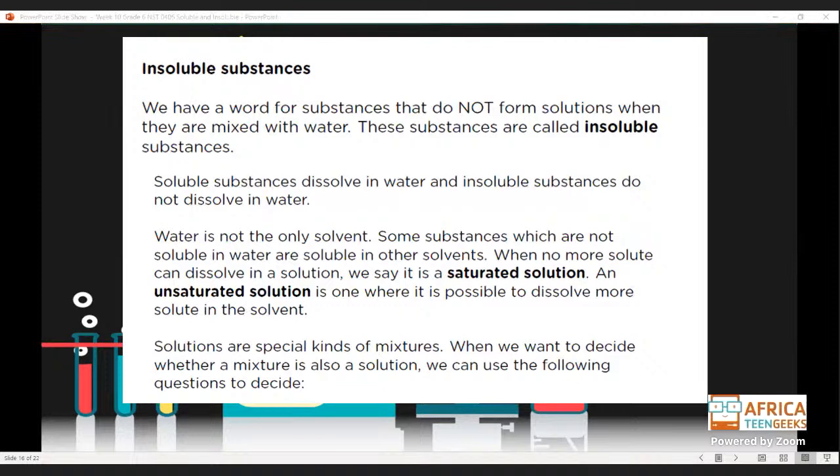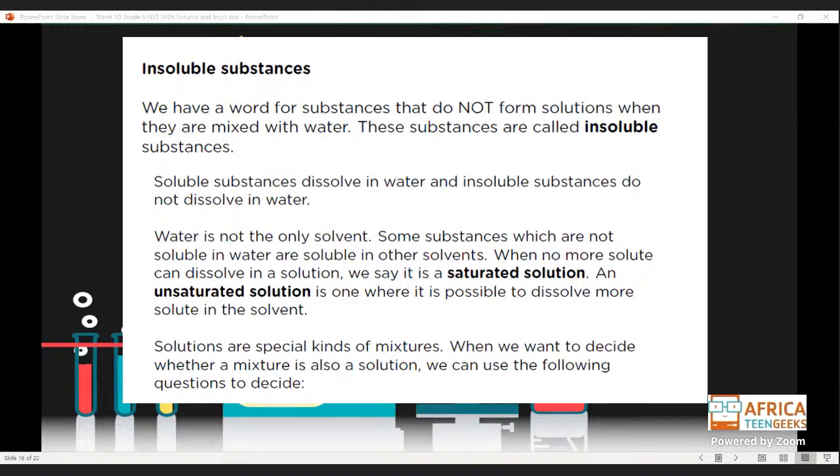When no more solute can be added to dissolve in a solution, we call it a saturated solution. An unsaturated solution is one where it is possible to dissolve more solute in the solvent. As you know, solutions are special kinds of mixtures. So how do we decide whether a mixture is also a solution?